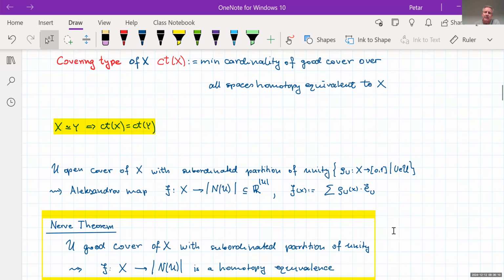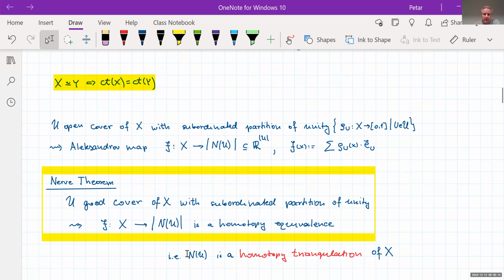The nerve theorem says that if the cover is good, then this map is a homotopy equivalence. That's a standard theorem. We usually think of this as saying that the nerve of a cover is a form of homotopy triangulation of X. So you have a triangulated space which is homotopy equivalent to X.